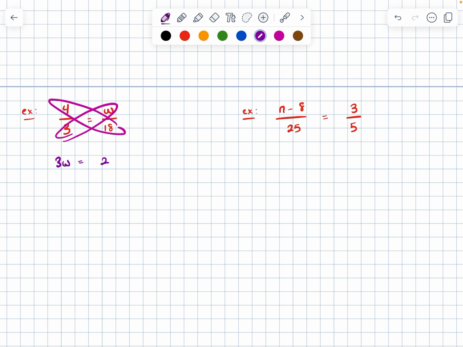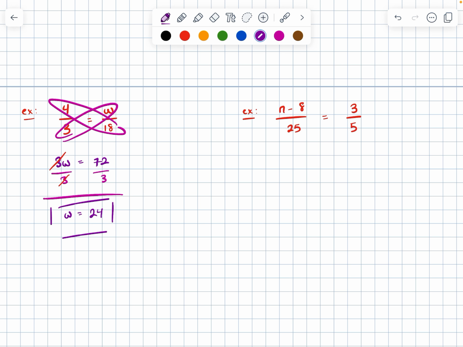I believe 4 times 8, well, that's 32, and then 4 times 1 is 4, carry the 3, that's 72. And then again, I'm home free. 3w equals 72. I want to get 3 away from the w. It's connected by multiplication. Let's use division to undo it. 3 over 3, these guys go away. And w equals 72 divided by 3, which is 24.